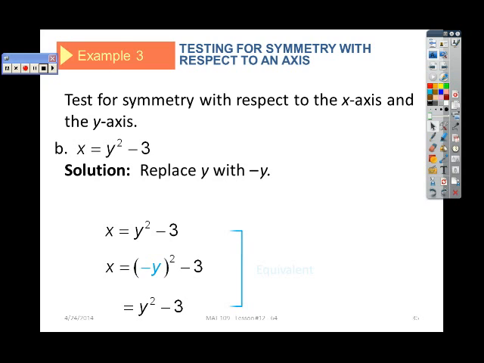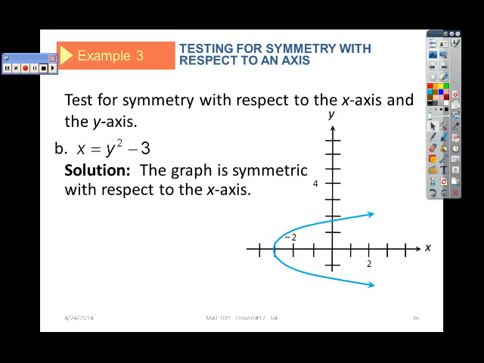If you replace y and you get the same thing, it's symmetric with respect to the x-axis. And that's what it looks like for that. That's what we've just been working with. And you can see from the graph that it's symmetric.